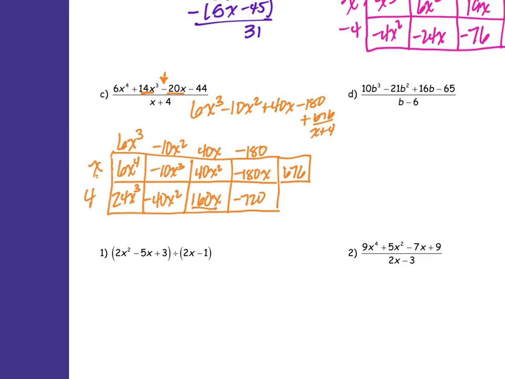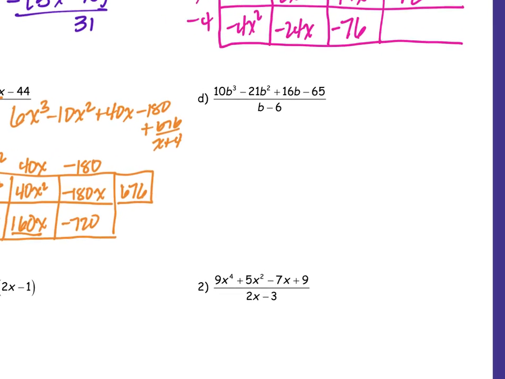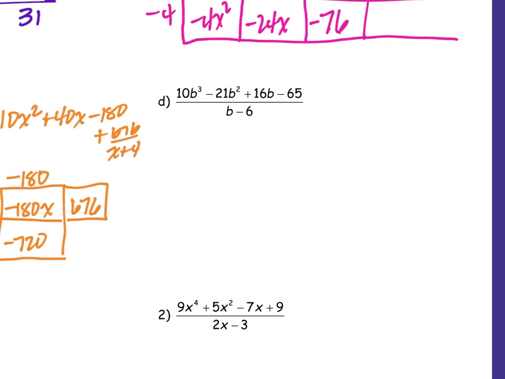And this one I just did long division because I haven't done it in a while. So I've got 10b cubed minus 21b squared plus 16b minus 65, all divided by b minus 6.